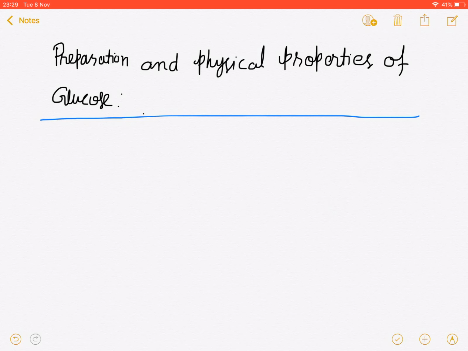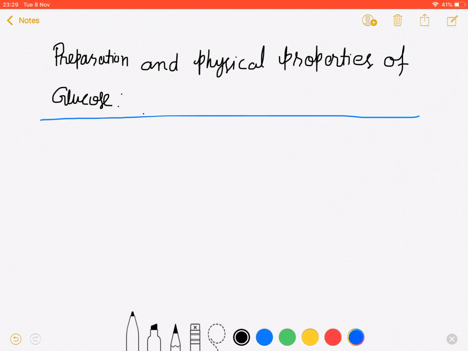First of all, I'm going to write down how glucose is produced, then I'm going to introduce you to the chemical reaction. Here, produced and prepared both are the same thing.